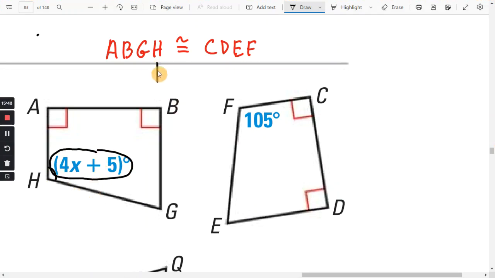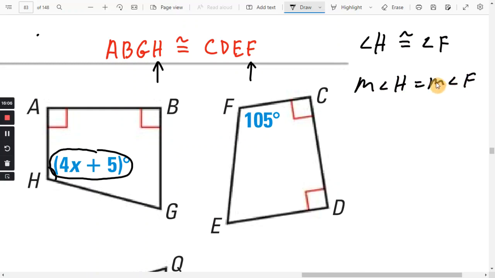So angle H, or letter H, is the last letter. The last letter right there is F. So angle H is congruent to angle F, and that means the measure of angle H is going to equal the measure of angle F. You can go right to this step if you want to. You don't necessarily have to write that first step. But let's match them up.